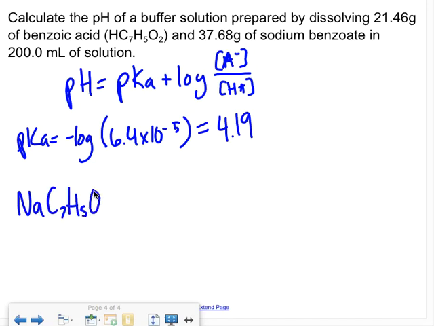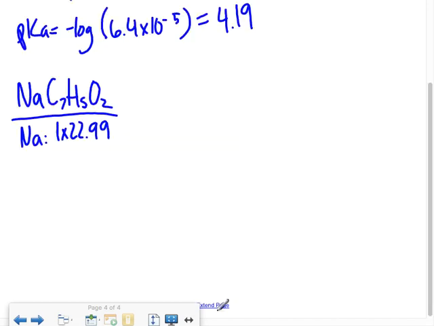So we have to find the molar mass. We have 1 sodium, 7 carbons, 5 hydrogens, 2 oxygens. So we get a molar mass of 144.1.